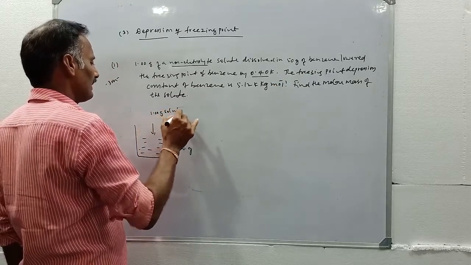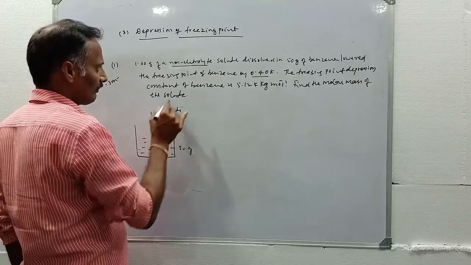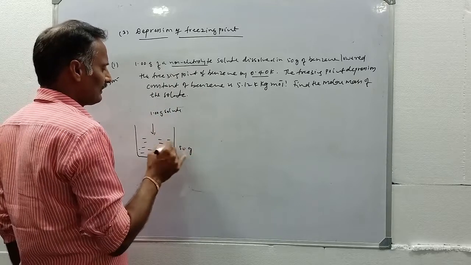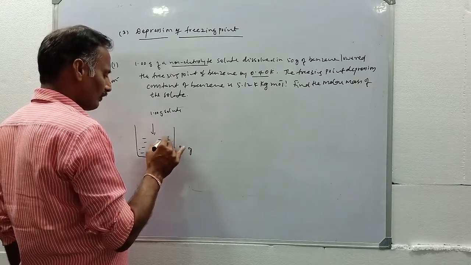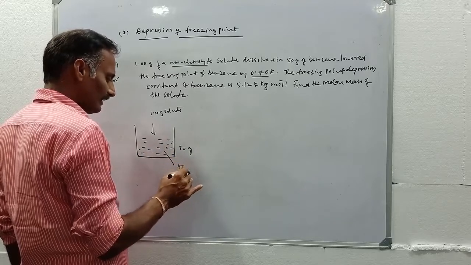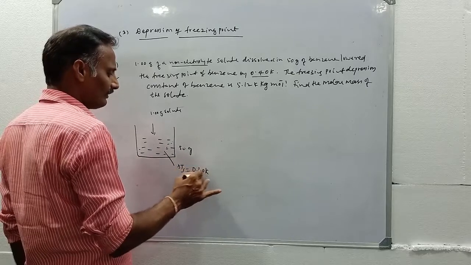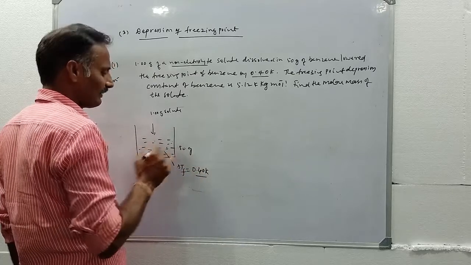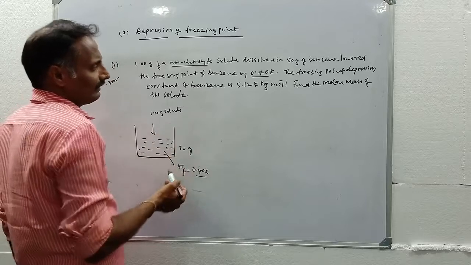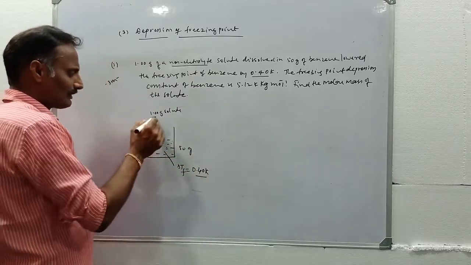When 1 gram of non-electrolyte solute is added into 50 gram of benzene, its freezing point is lowered. Its freezing point lowered means delta Tf is directly given here. Delta Tf equals 0.40 Kelvin. This much the freezing point of benzene is lowered. Then the Kf value is given. You find out the molar mass of this solute.